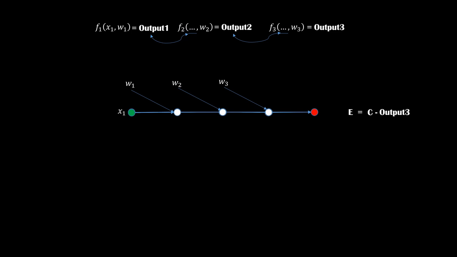And we define the input x1. To compute the first output, the weight of the first neuron is multiplied by x1 and calculations continue up to the final function.